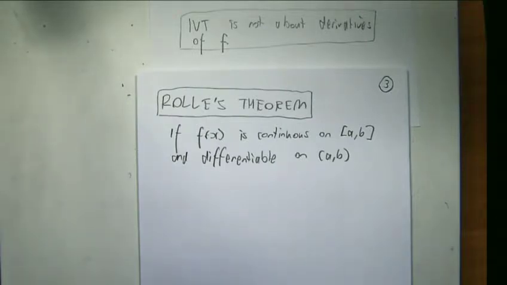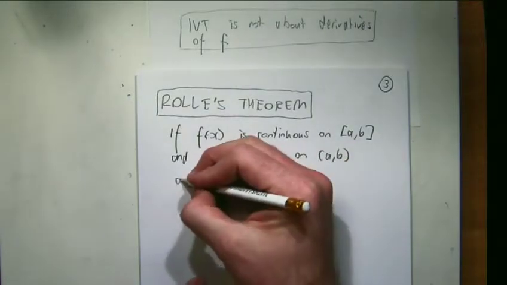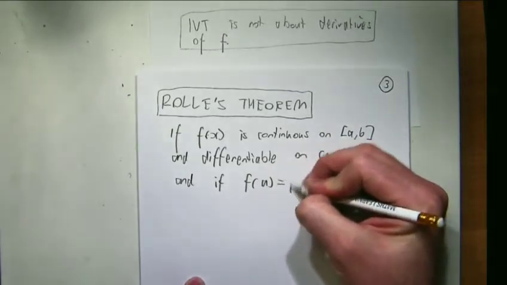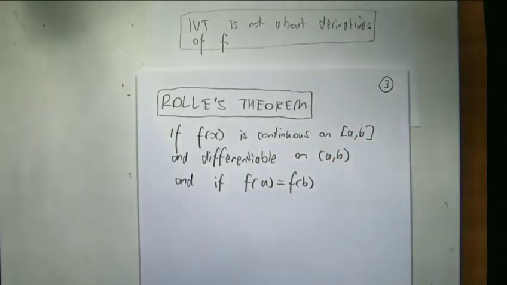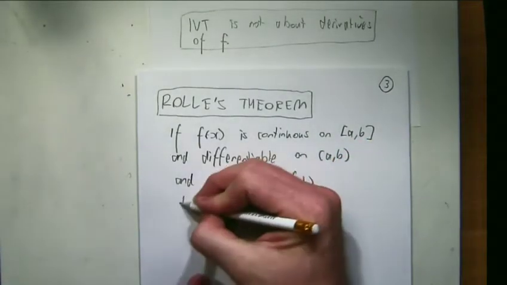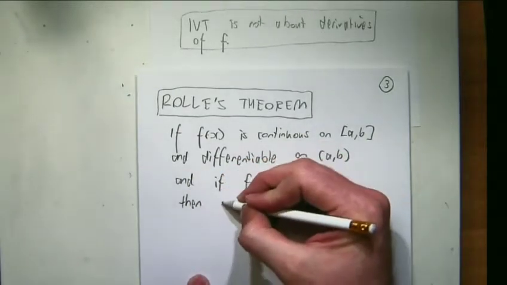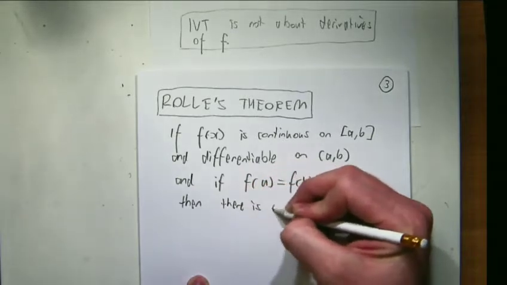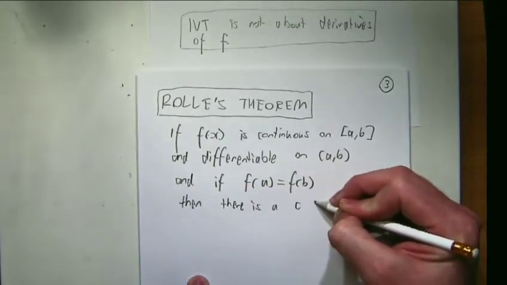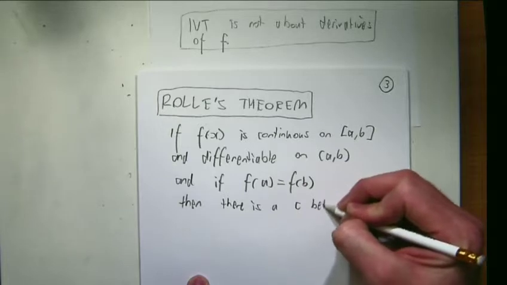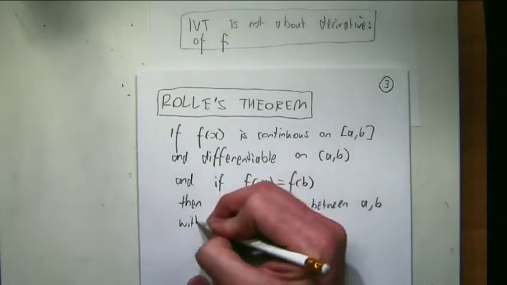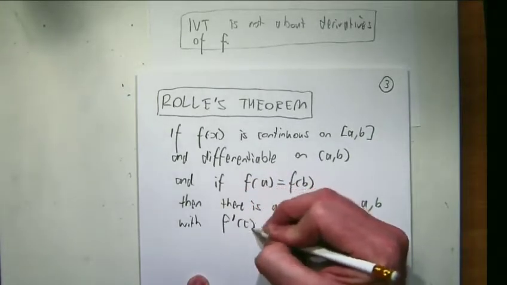So if it's continuous there and differentiable there, and if f of a equals f of b, then there is a c strictly between a and b with f dashed of c equals 0.